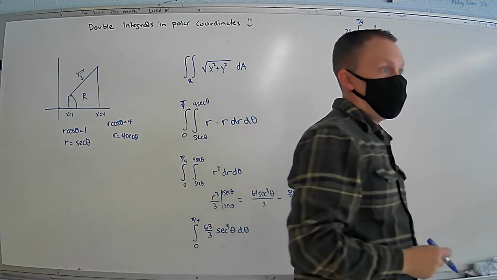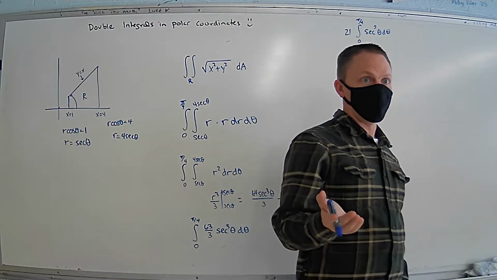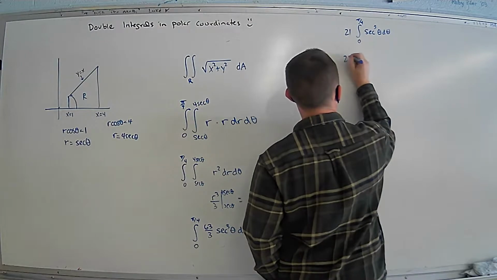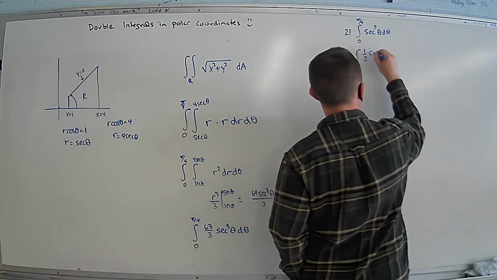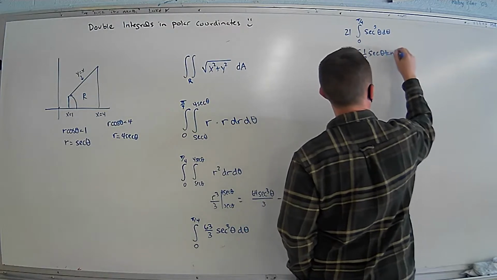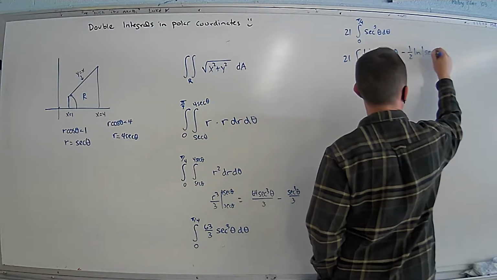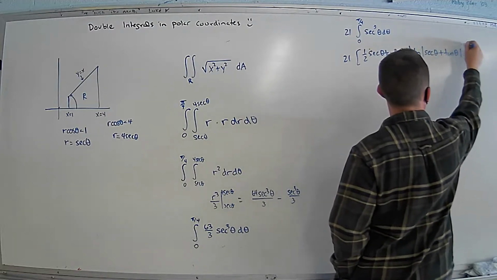Now I just happen to have memorized the antiderivative of secant cubed because we did it in Calc 2 days ago. So I'm going to tell you. It's 1/2 secant theta tangent theta minus 1/2 natural log of secant theta plus tangent theta. I remember that.